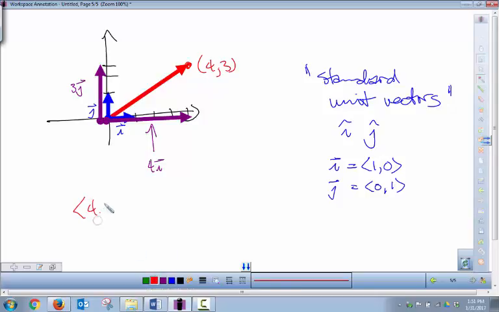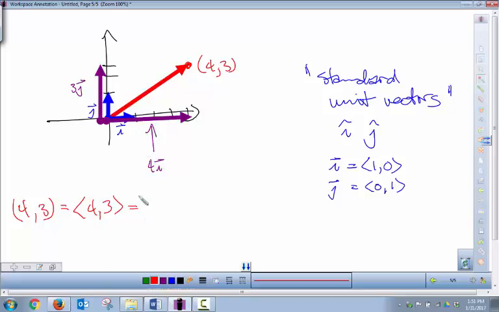So in exams and quizzes, I'm flexible as to how you write your vectors. You can write it as a point with parentheses, I'm okay with that. You can write it with the brackets like this.